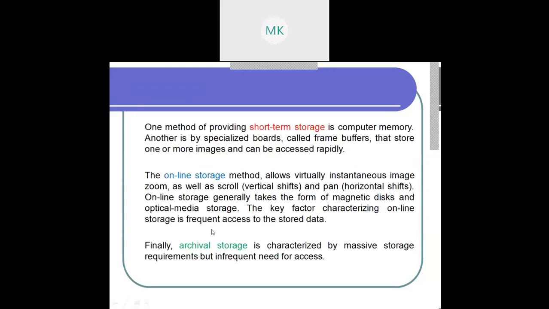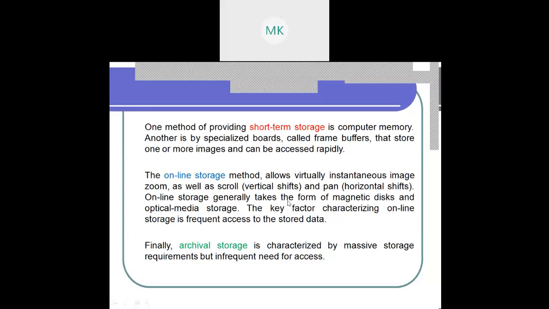So the first method is short-term storage, which is nothing but computer memory. Another is specialized boards called frame buffers, which store one or more images and can be accessed rapidly. Then second is online storage, which allows virtually instantaneous image zoom as well as scroll. They can also include pan, horizontal shifts.